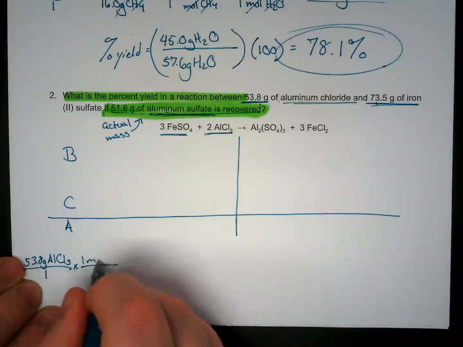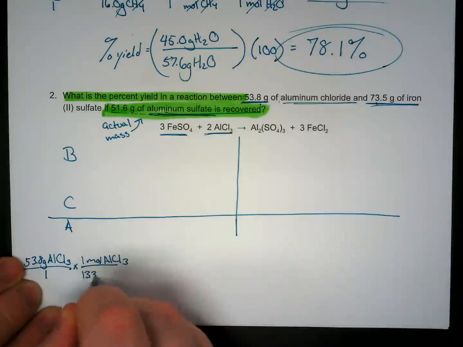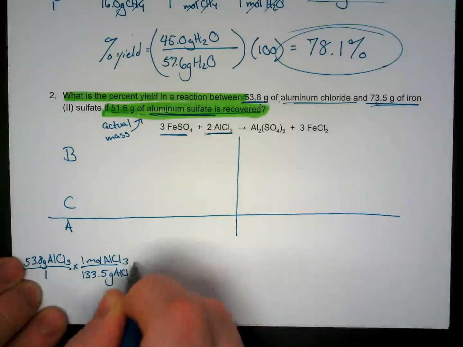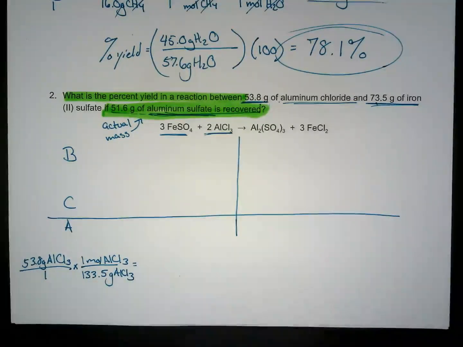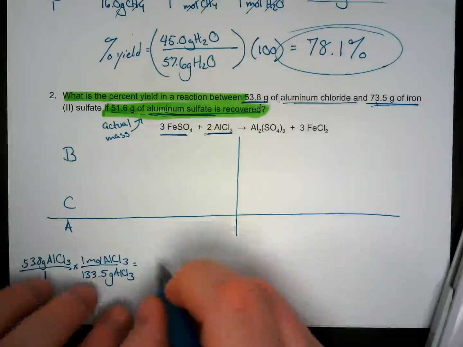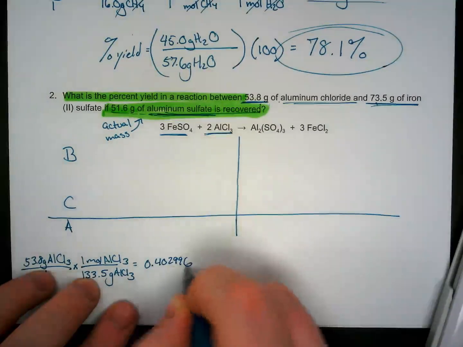So in 1 mole of aluminum chloride, we have roughly 133.5 grams of aluminum chloride, so 53.8 divided by 133.5. Roughly speaking, it's going to give us about 0.402996.